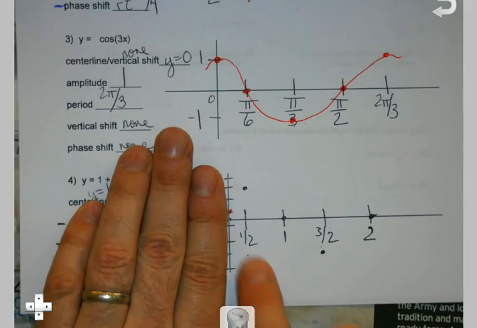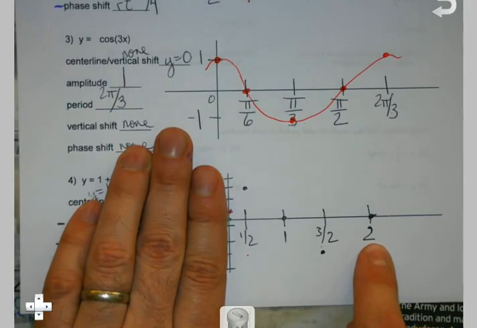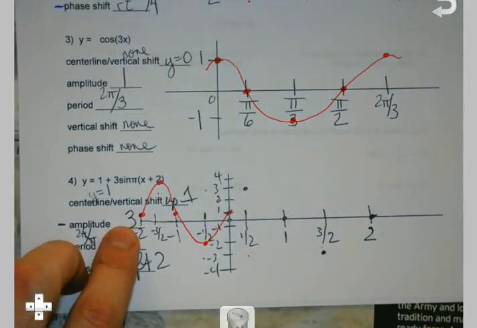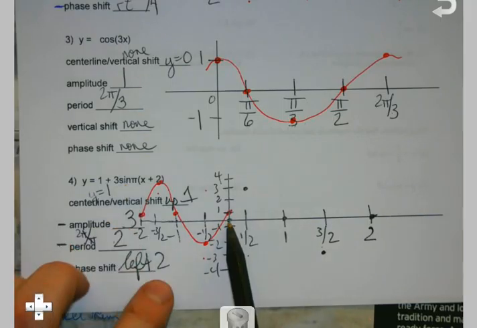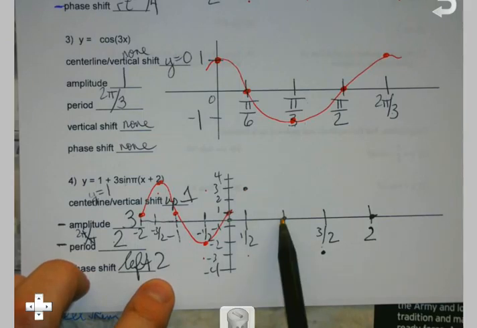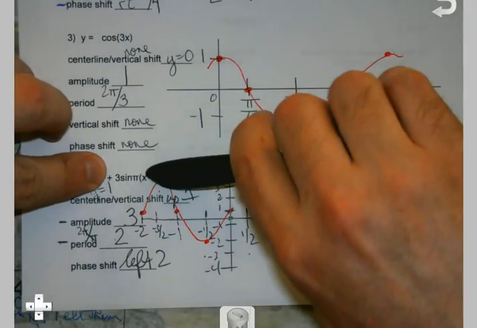Half in between 0 and 1 is 1/2. So 1/2, 2 halves, 3 halves, 4 halves. And with an amplitude of 3 and a sine function, sine starts at 0. So it goes 0, up, back to 0, back down to -3, back to 0. And again, that takes care of this portion.